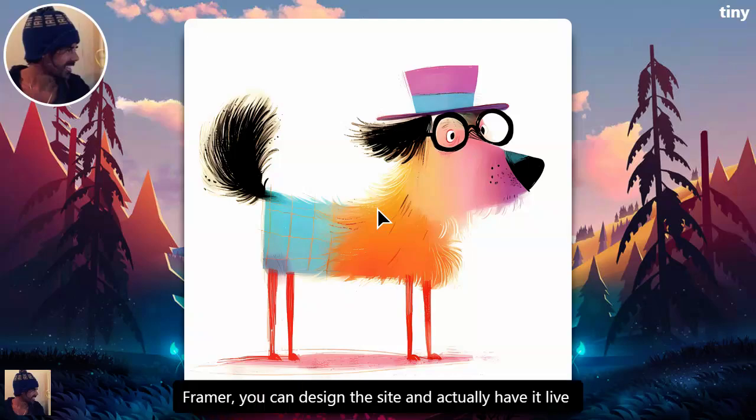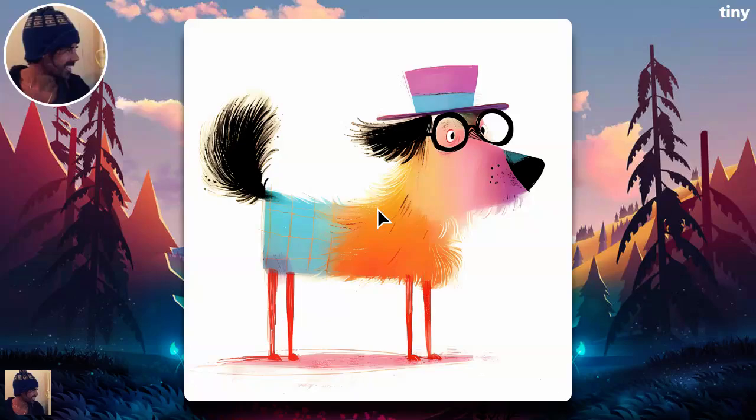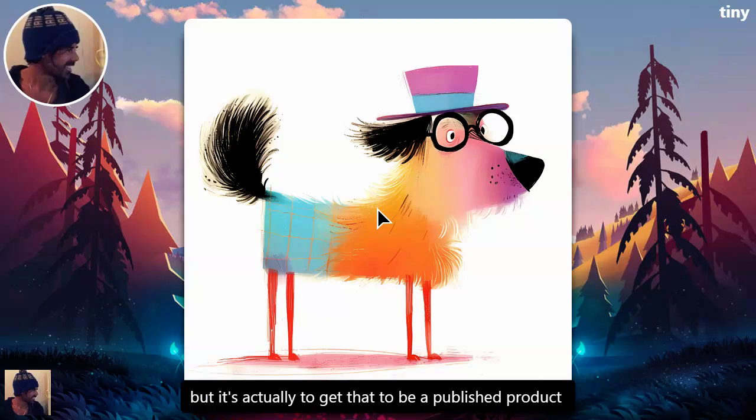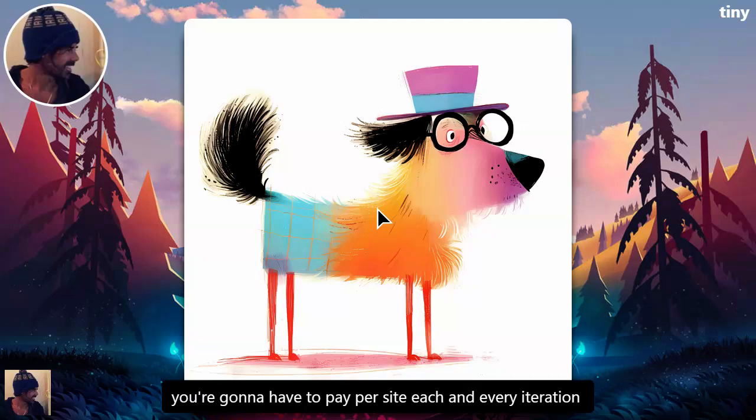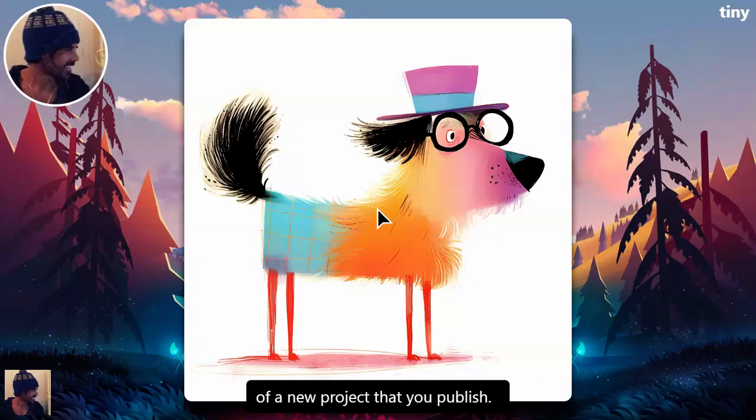On Framer, you can design the site and have it live on a Framer subdomain. But to get that to be a published product in the world, a published platform, let's say, with a client URL or your own URL, you're going to have to pay per site, each and every iteration of a new project that you publish.